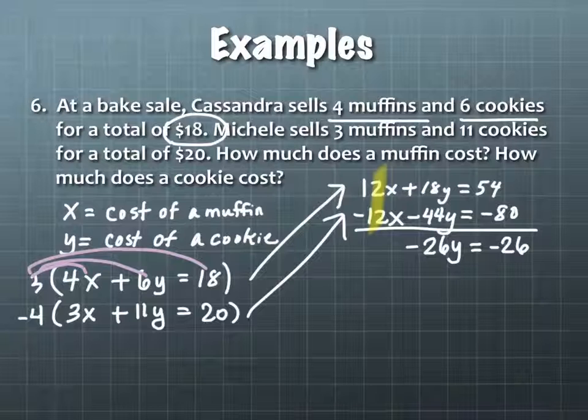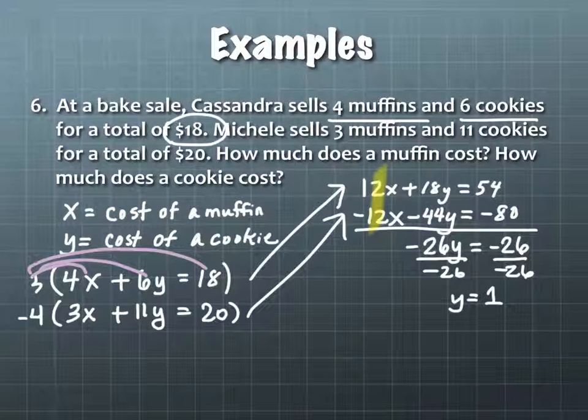And then what would I need to do to find y? Divide by negative 26. Why would I divide instead of adding or subtracting? It's a good question to ask at this point. The negative 26 and the y are multiplied, and the inverse of multiplication is division. So because they are multiplied, I will divide by negative 26. So what does y equal?